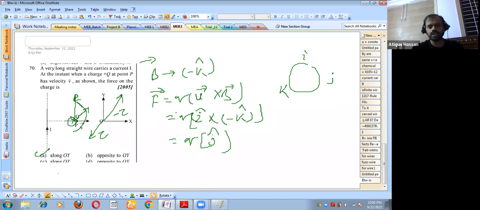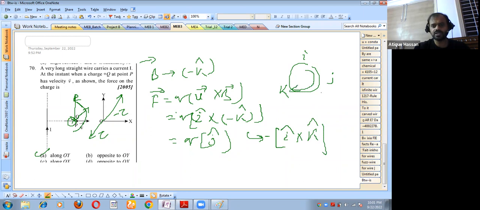If you are doing I cross K, you take minus outside, so it will be I cross K. Moving like this, I cross J, J cross K, so I cross K is minus J, and also minus is outside. So it will be minus of minus J, so it will be plus J.